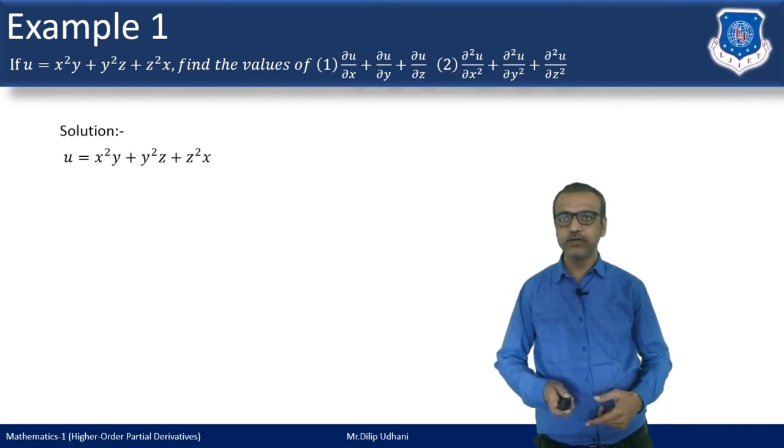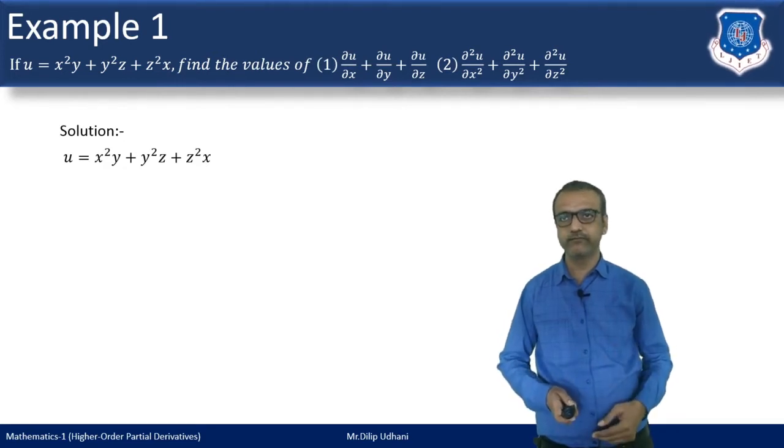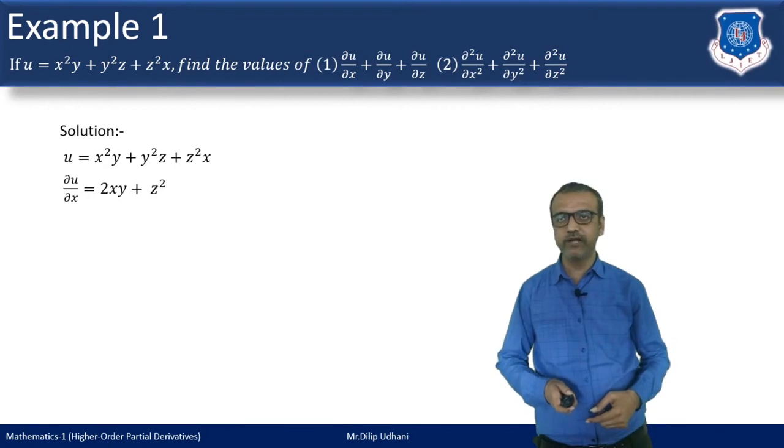Now u is given to us, that is x square y plus y square z plus z square x. First of all we will find del u by del x, that is the partial derivative of u with respect to x. To differentiate u partially with respect to x, we will keep y and z constant.